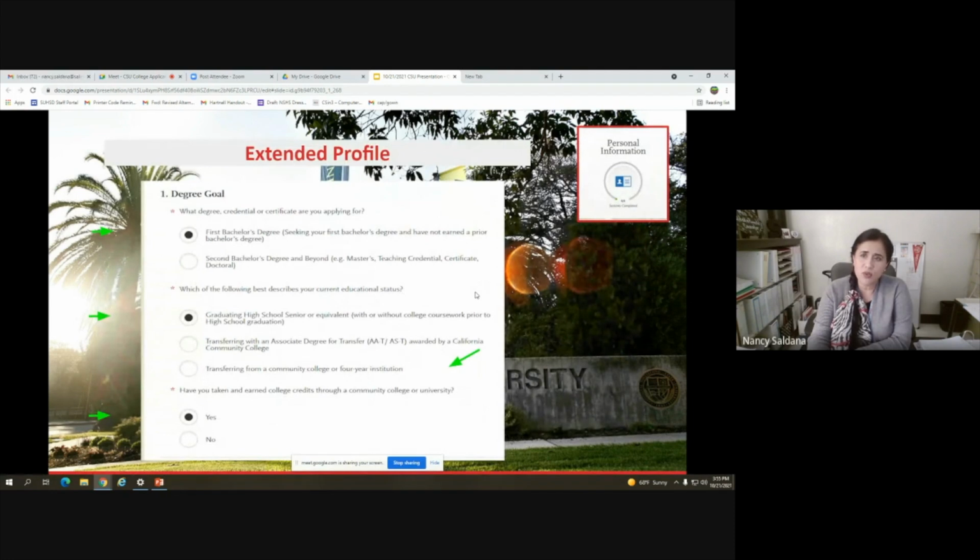In the personal information section, you will also be completing your extended profile. There are 3 major questions you will need to answer. The first is, what degree, credential, or certificate are you applying for? All of you are high school students, so you will be applying to your first bachelor degree, and you'll mark that one off.